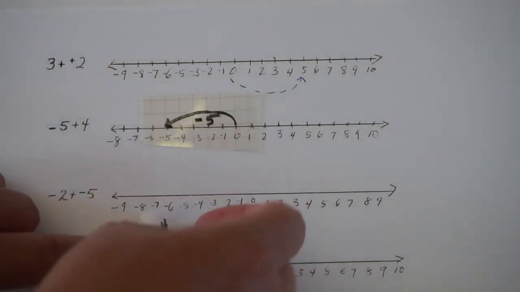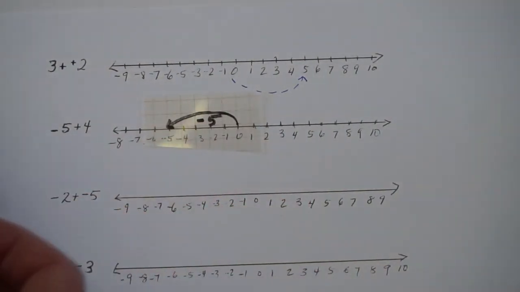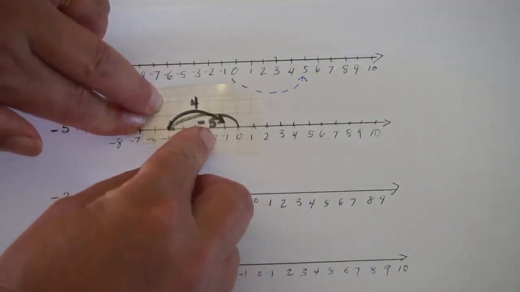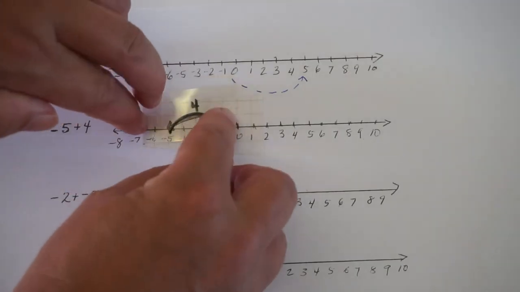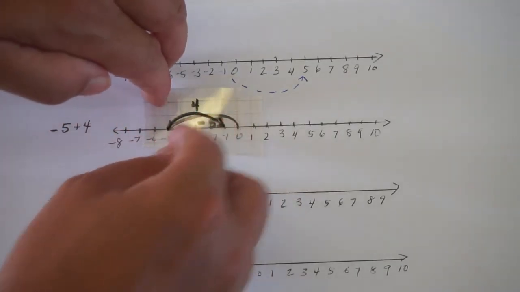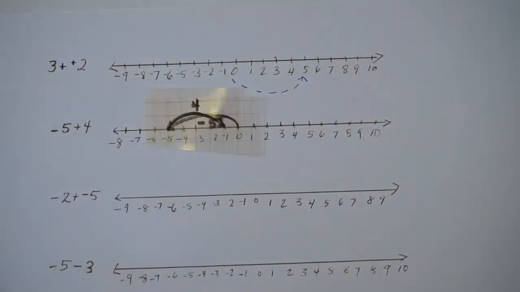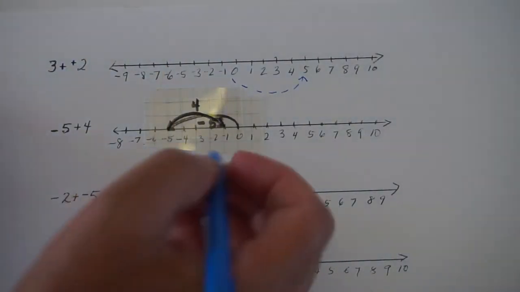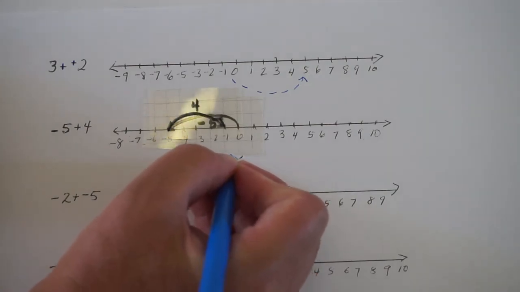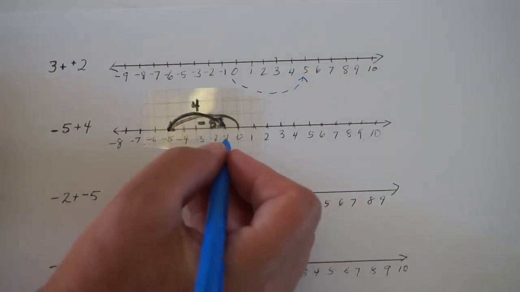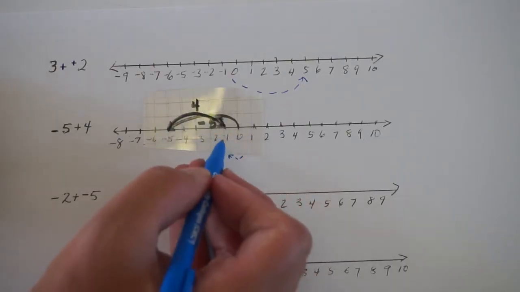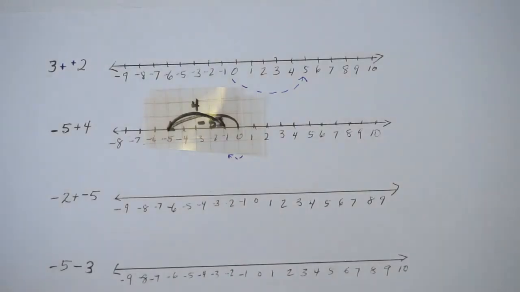It's addition, so I'm connecting head to tail, not 2 arrows together, but head to tail. And, oops, you have to be a little patient with this sticking to my fingers. That's one benefit of drawing it instead of using transparencies. But where this ends up, our resultant is negative 1. So negative 5 plus positive 4 lands us on negative 1.